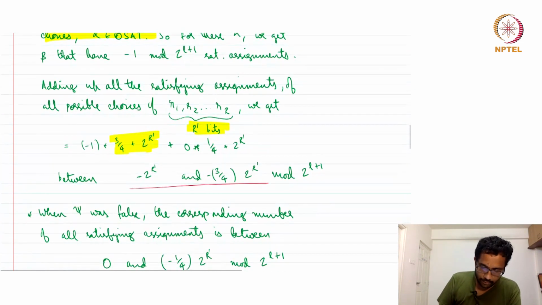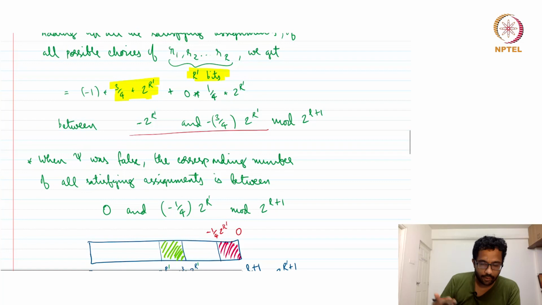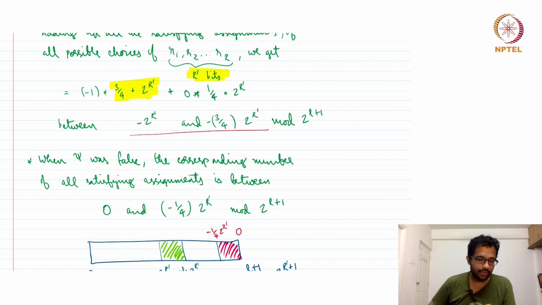And if psi was a false formula, if it's a no instance, then similarly we can do the same calculation. So we know that the number of yes instances is at least 0, or anywhere between 0 and 1/4. So if all the instances are no instances, then we get 0 modulo 2 power l plus 1.